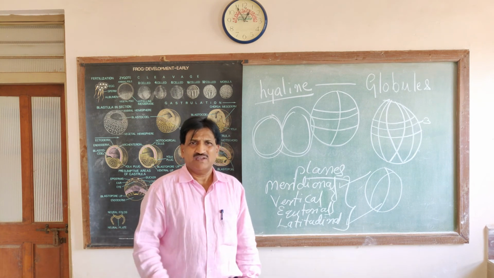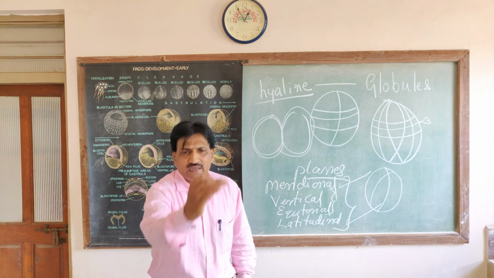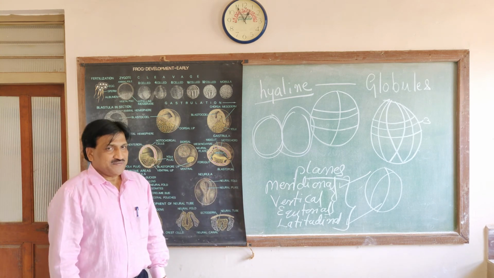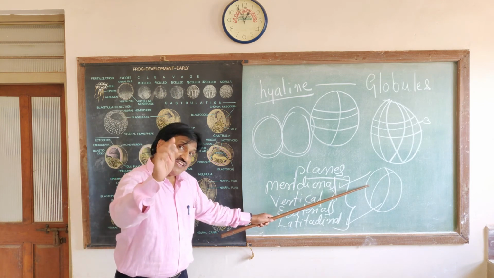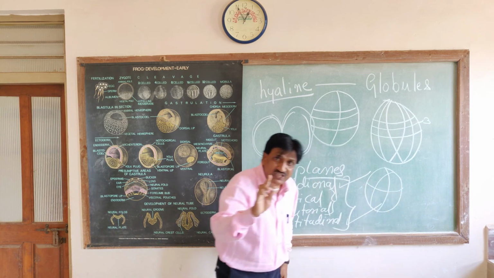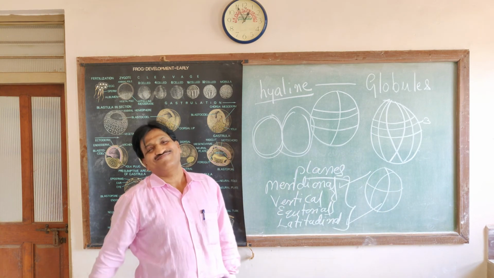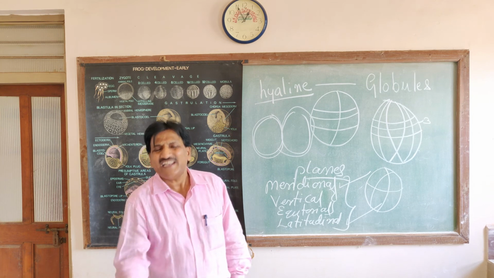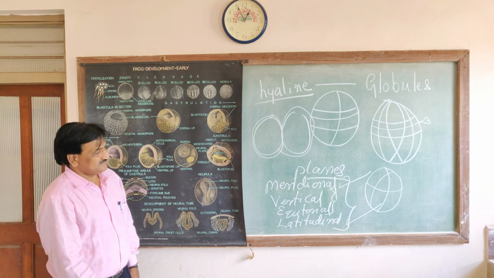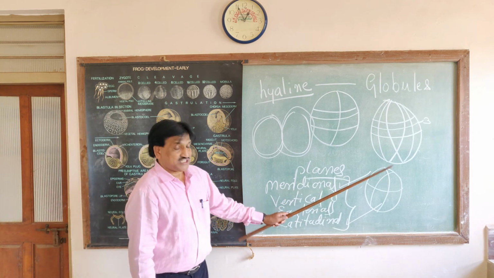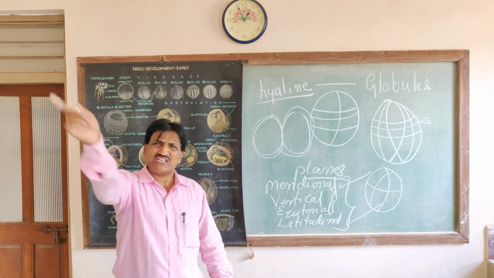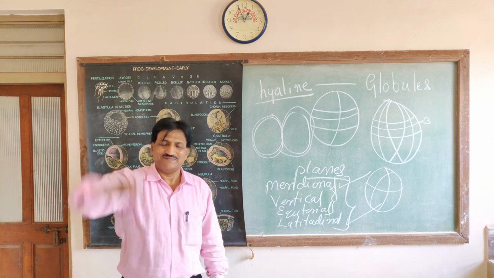Same method: first it appears at the animal pole, gradually extending towards the vegetal pole. The third cleavage is latitudinal, that is right angles to the central axis. And these cleavage planes show the effect of yolk. Best example, the egg of the frog.